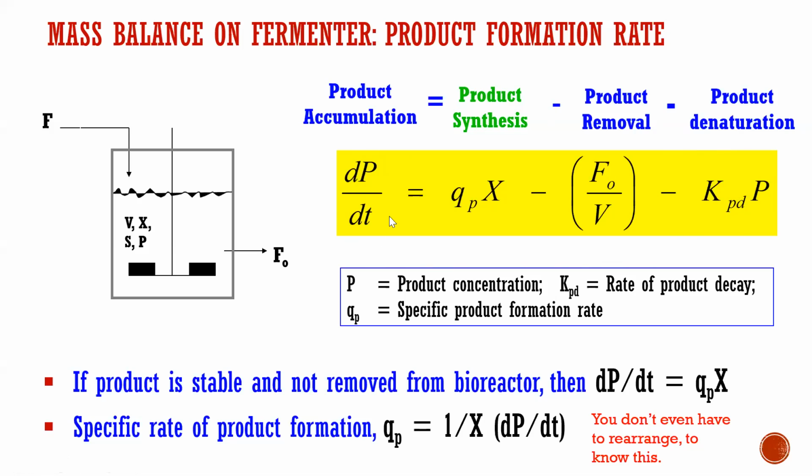Accumulation, product accumulation, dP over dt, transport, the one that is fed in, and the one that, no, I'm sorry, this is product synthesis, product removal, and product denaturation. All right. In this case, the element of transport is not being added.